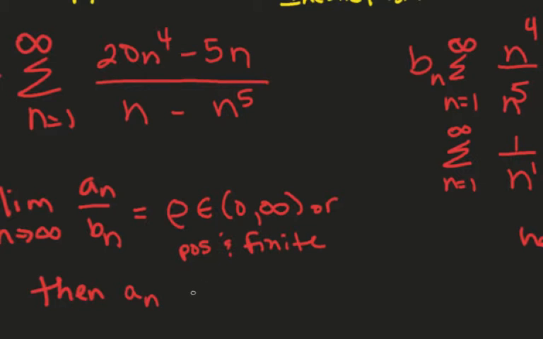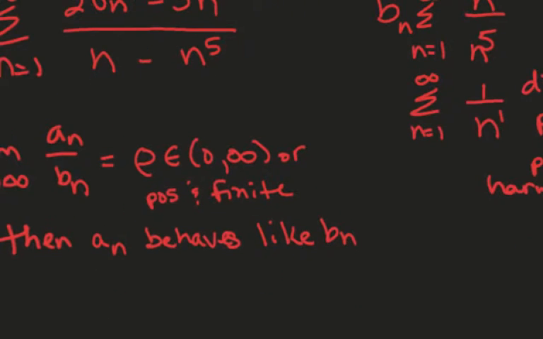So if B sub n converges, then A sub n converges. If B sub n diverges, then A sub n diverges. So let's take a look at that limit. So we're going to have a limit as n approaches infinity of 20n to the fourth, was it? Or minus 5n over.